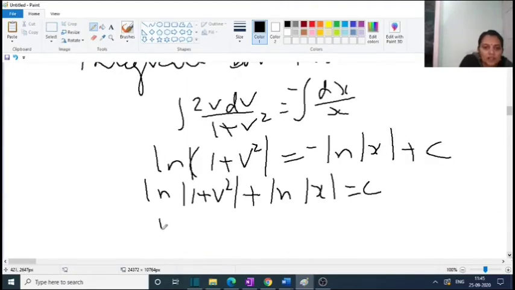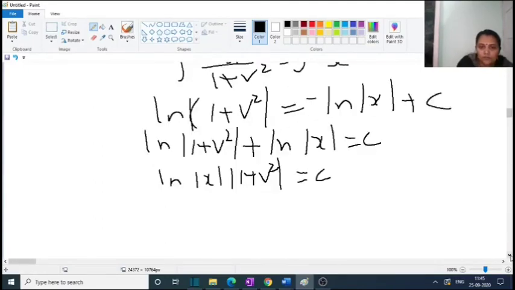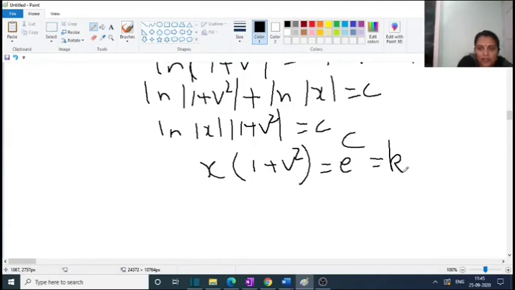This we could write as ln of mod x into mod 1 plus v square is equal to c, or x into 1 plus v square is equal to e raised to c, which is equal to some k, is the solution. Now we have to resubstitute v equal to y by x.